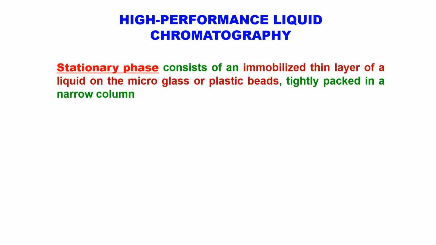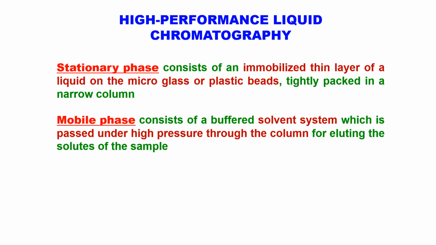So next is a very important chromatographic technique, high performance liquid chromatography. It's a very powerful technique. It has a stationary phase, which is an immobilized thin layer of liquid on the microglass or the plastic beads. The mobile phase is constituted by a solvent system, which is passed under high pressure through the column.